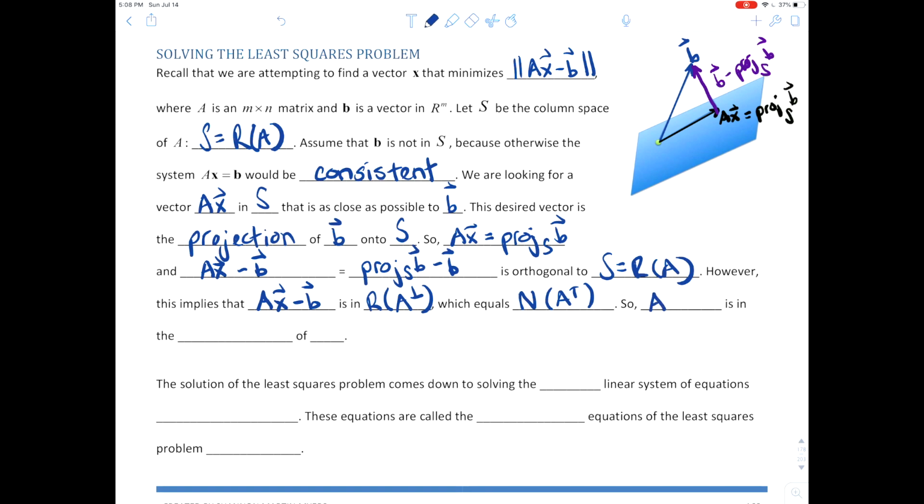So AX minus B is in the null space of A transpose.